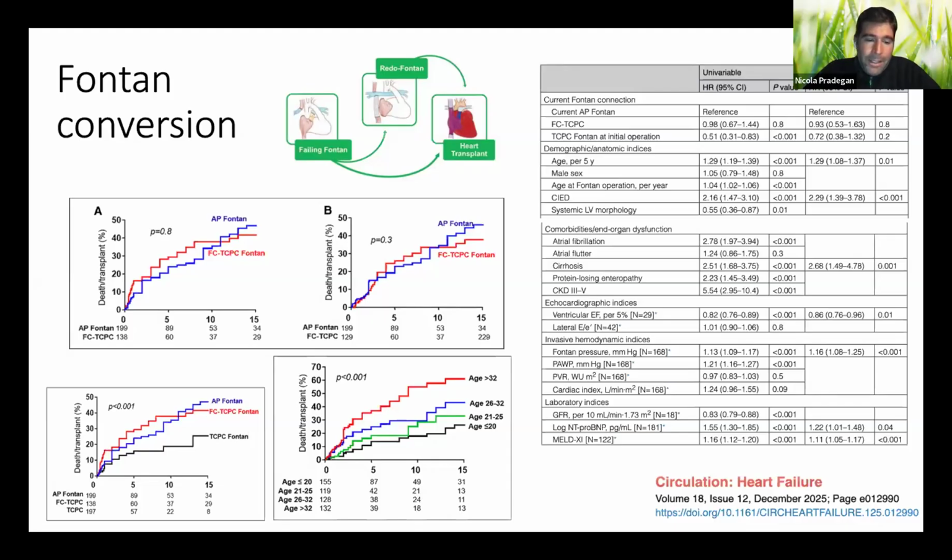In fact, in this study, you see no difference in terms of the death plus transplant endpoint compared to the AP Fontan. But when compared to the extracardiac conduit, of course, we have a significant difference between the two groups. And even if the redo Fontan does not impact compared to the AP in terms of death and transplant risk, there are other factors which are related to the risk of death and transplantation, especially the increasing age of Fontan patients.